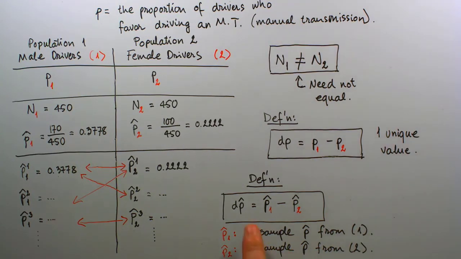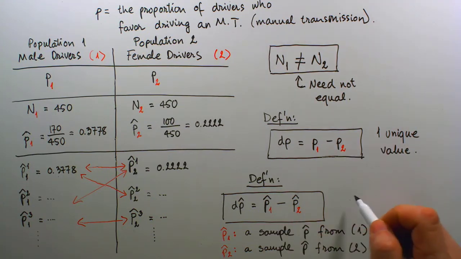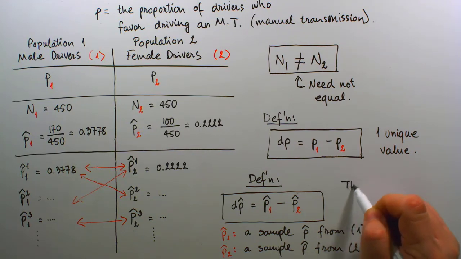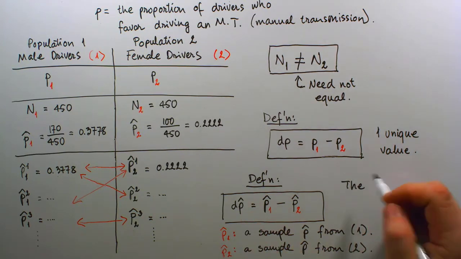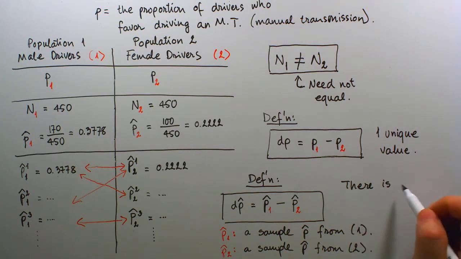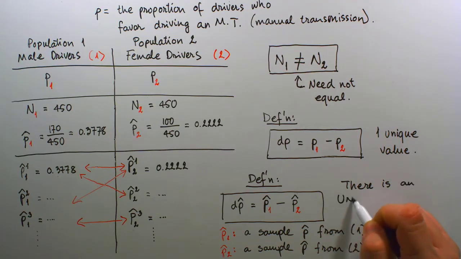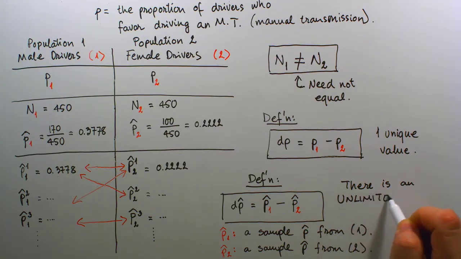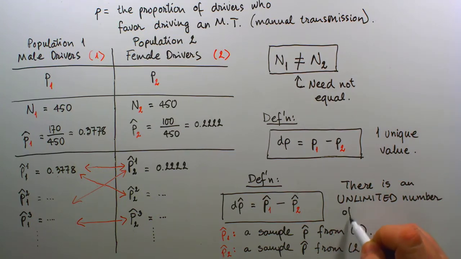But on the other hand, this dp hat right here, the difference of any sample from population 1 with a sample from population 2, this dp hat, quite opposite from dp, there is an unlimited number of values for dp hat.